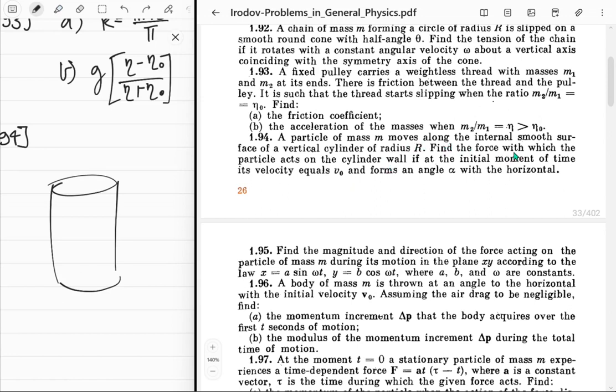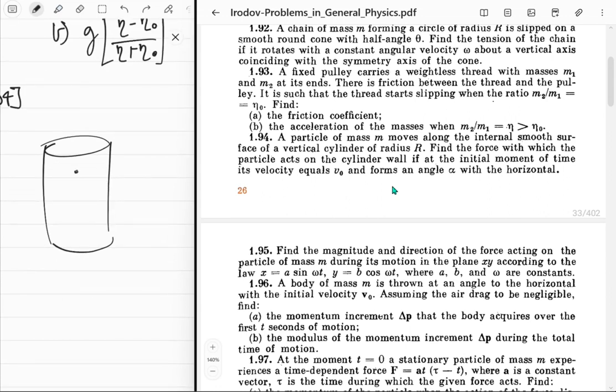Okay, find the force with which the particle acts on the cylinder wall if at the initial moment of time its velocity is v0 and forms an angle alpha with the horizontal. So say the particle is on the wall behind us.